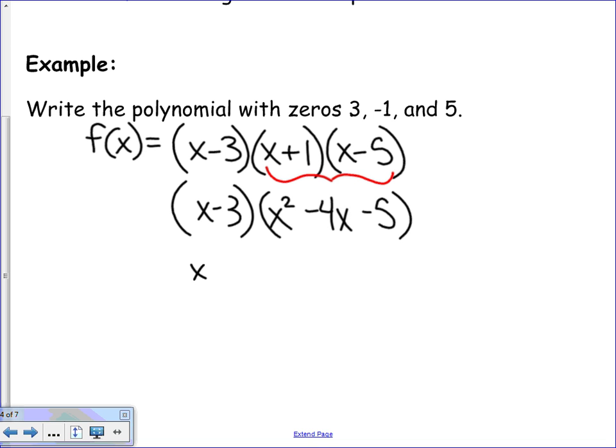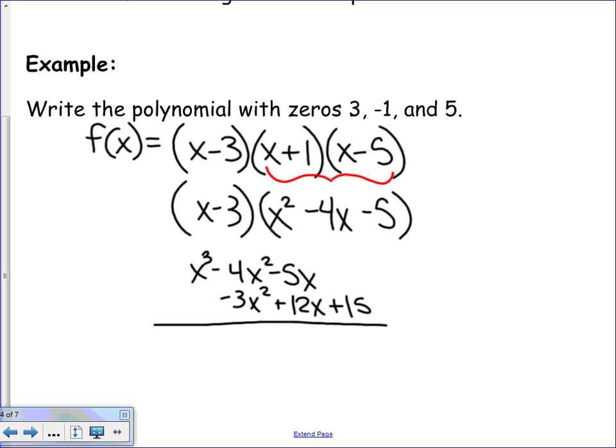So I'll get x cubed minus 4x squared minus 5x. Distribute the negative 3 to every term. Negative 3x squared plus 12x plus 15. And remember, I like to stack my like terms when I'm doing that, just because it makes it really easy. So my final polynomial is f of x equals x cubed minus 7x squared plus 7x plus 15.